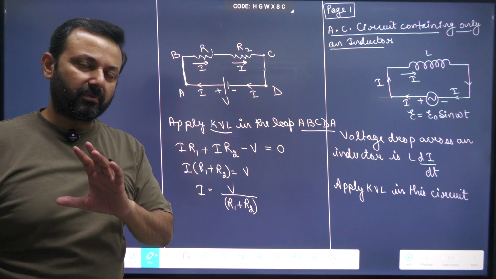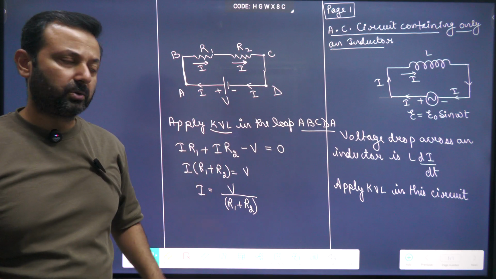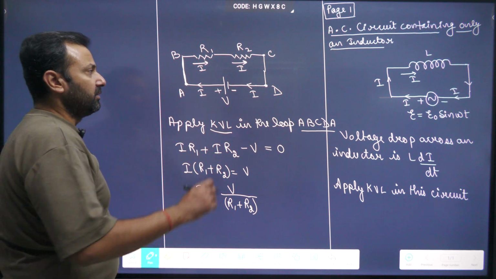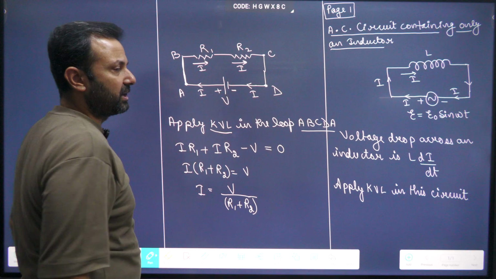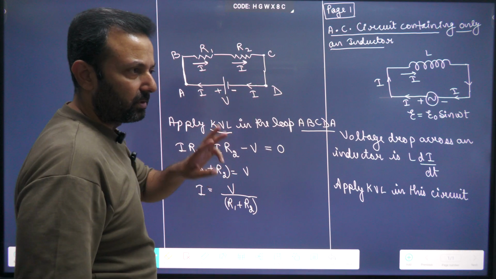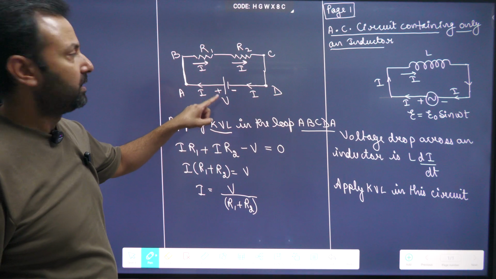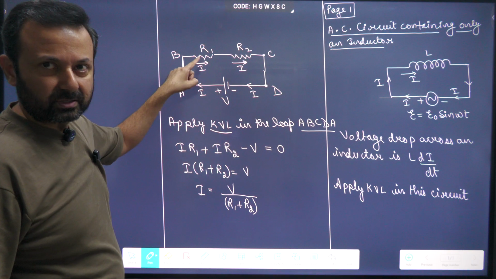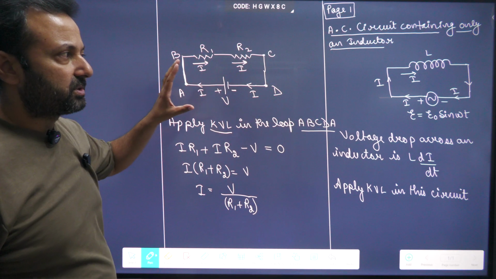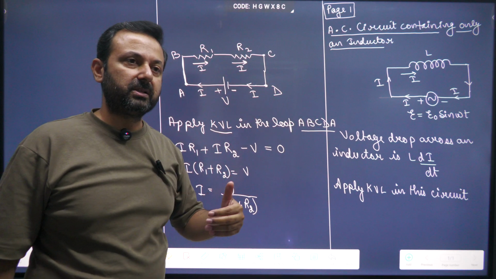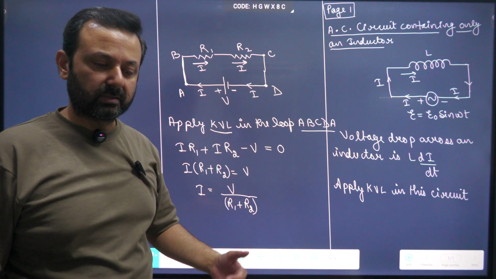Look, if I have this circuit A, B, C, D, A, I have three components in this circuit. One is this voltage source, one is resistance R1, another is resistance R2. So Kirchhoff's voltage law states that the algebraic sum, meaning total, of all the voltages in a circuit is equal to 0.